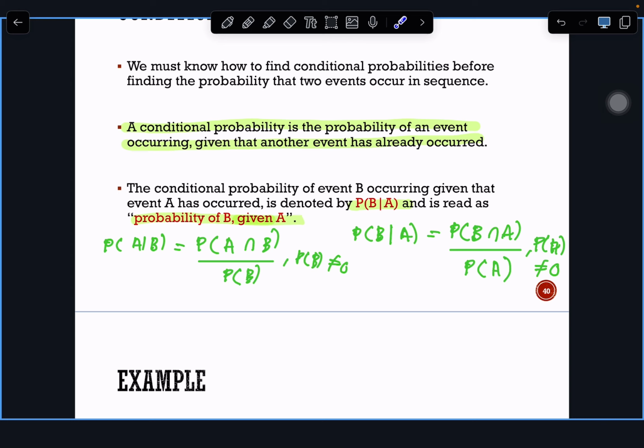Next question: you notice P(A|B) does not equal P(B|A). If you see the formulas, they are different. How about P(A intersect B) and P(B intersect A)? Are they the same?